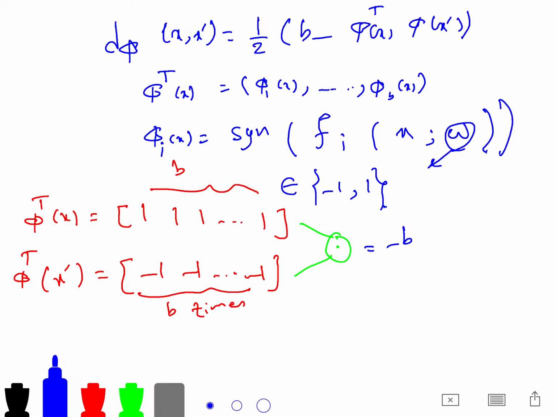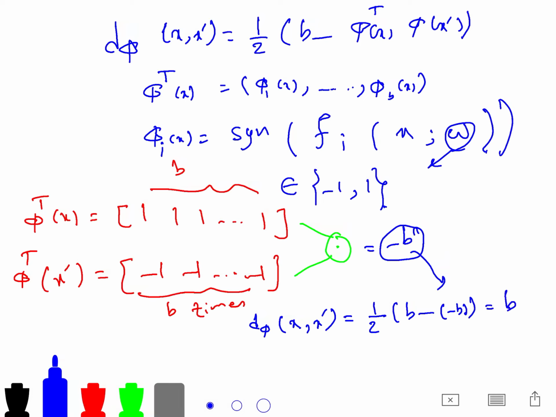So just substitute in the distance between phi of x and x prime, induced in the Hamming space. So it becomes 1/2 (b minus (-b)), which is equal to b. So you may observe now that the distance between phi of x and x prime is less than or equal to b.